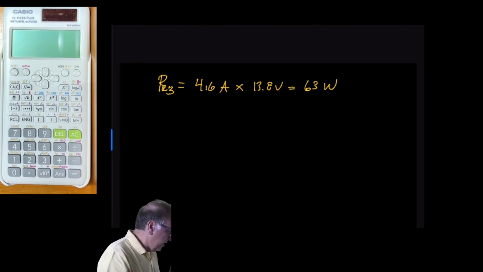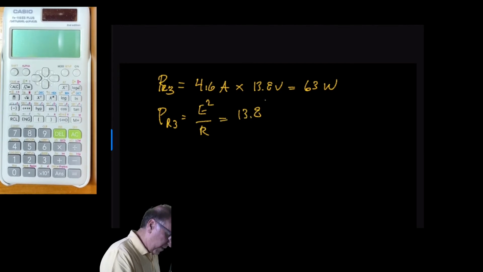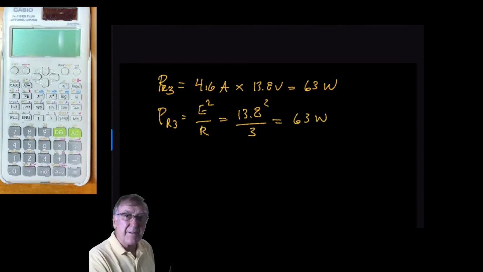Another way to calculate the power across R3 would be power R3 equal to E squared over R equals 13.8 volts squared over 3 ohms, and this also equals 63 watts. Same answer. How about that?